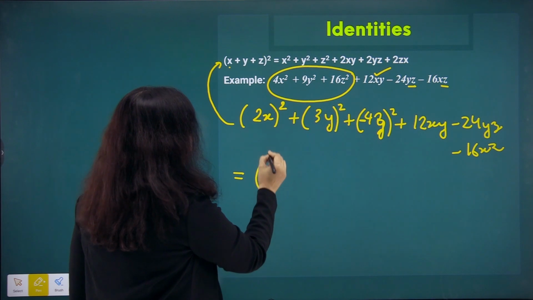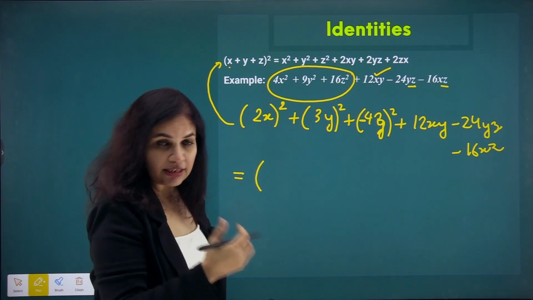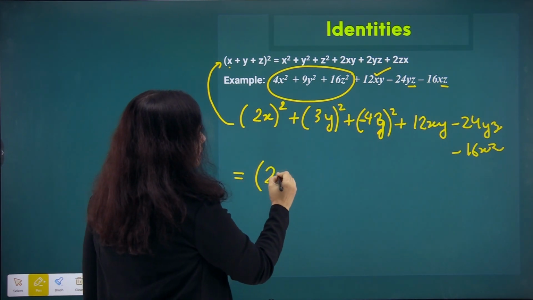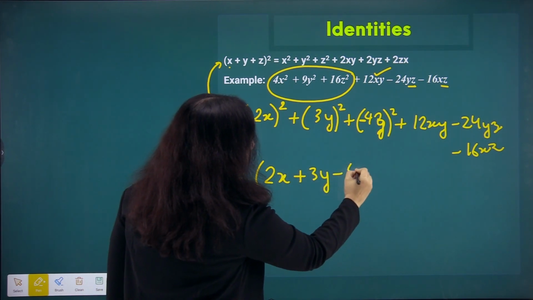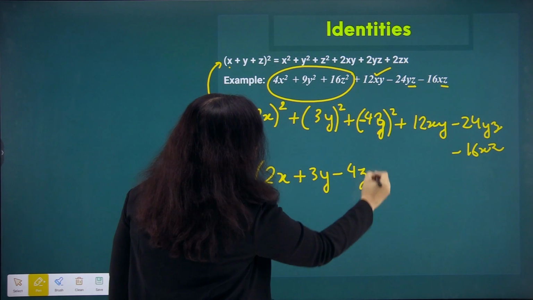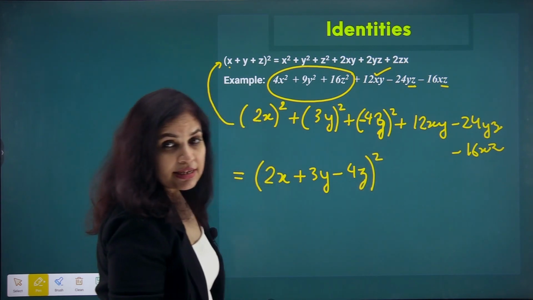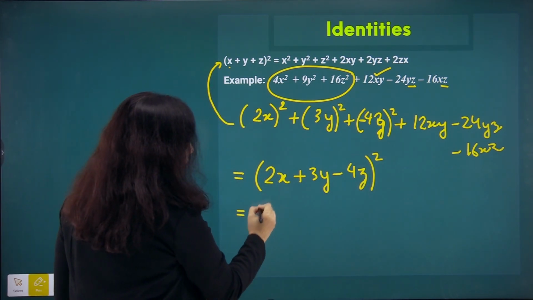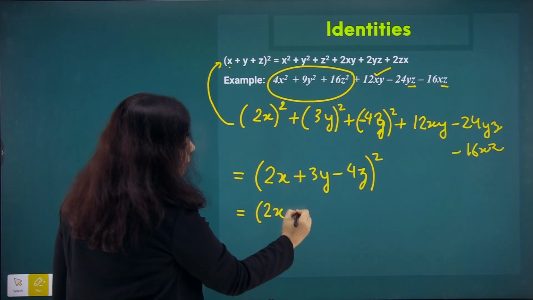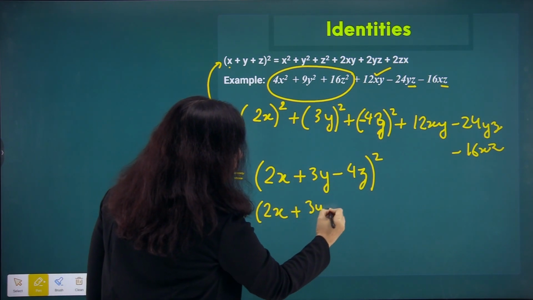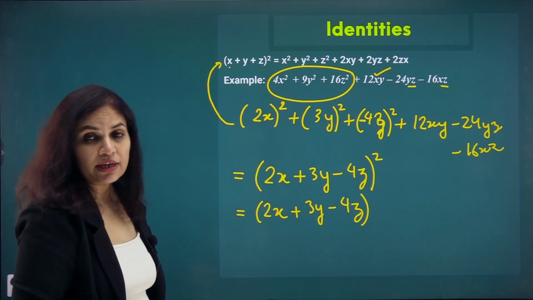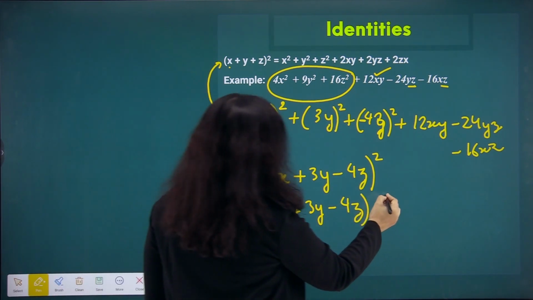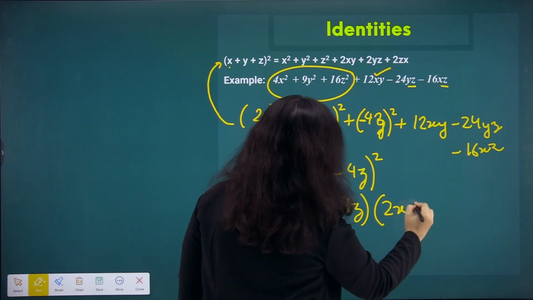So, if I have to factorize and write it as a single identity, I can write it as 2x plus 3y minus 4z whole square. Again, since I am writing the factors, I cannot write them in this exponential form. I have to write them in the product form.